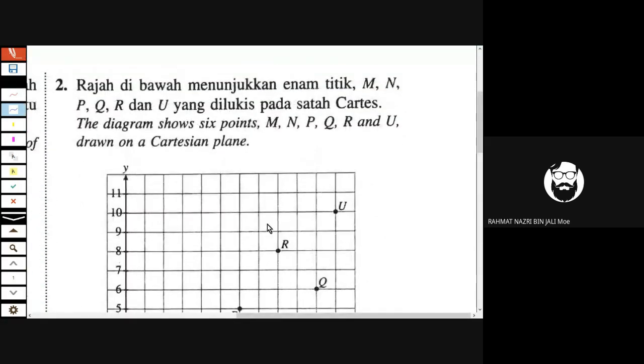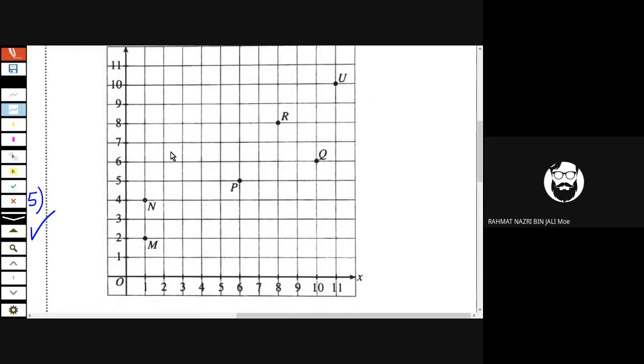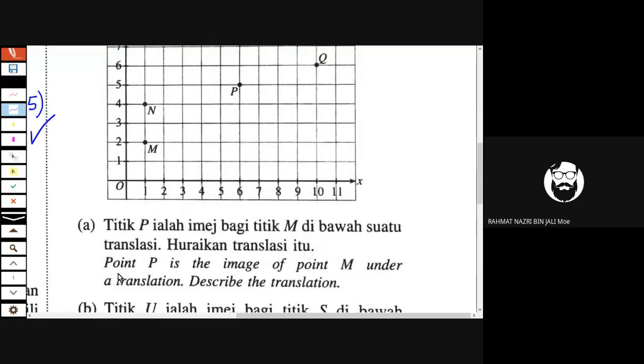Soalan last hari ini. The diagram shows 6 points M, N, P, Q, R, and U drawn on a Cartesian plane. Okay. We have a different 6 points with the different coordinate. Question 1. Point P is the image of point M under a translation.